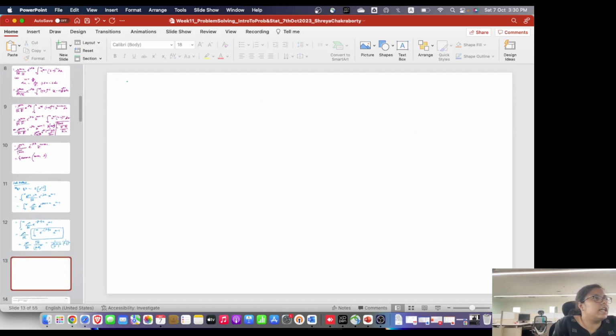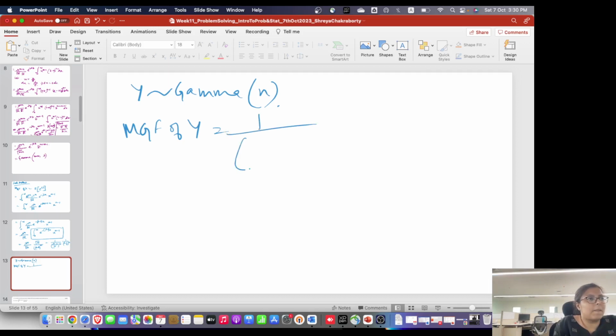So similarly, if y also follows gamma n, then MGF of y would be 1 by 1 minus t by lambda to the power n, okay, because it was following gamma n, lambda.